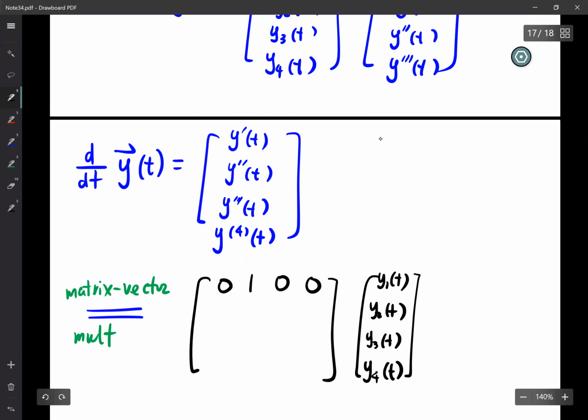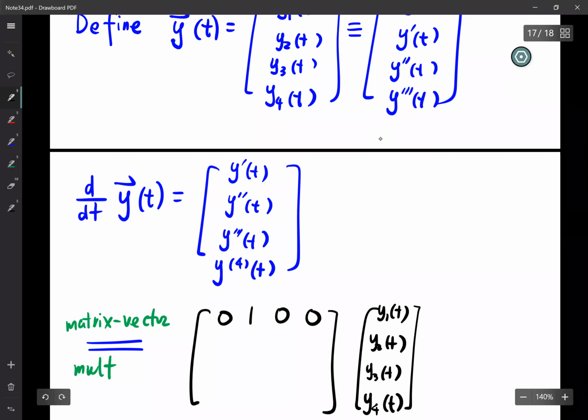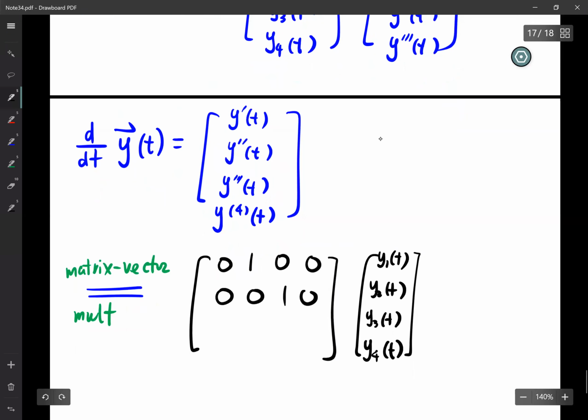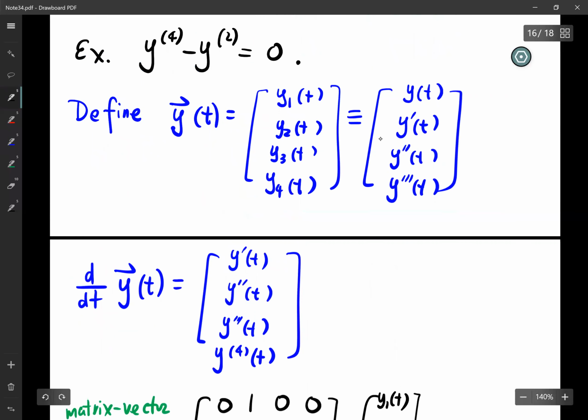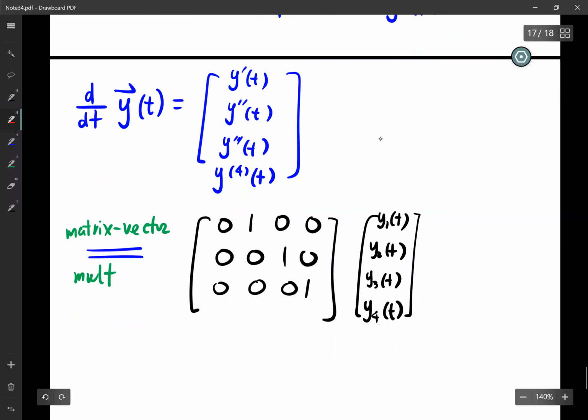Is that clear? Okay. y2 prime equals y3: 0, 0, 1, 0. y3 prime equals y4: 0, 0, 0, 1. You see, I haven't used the equation yet. Finally, y4 prime, using the equation, equals y2. So this last row is the information of the equation.